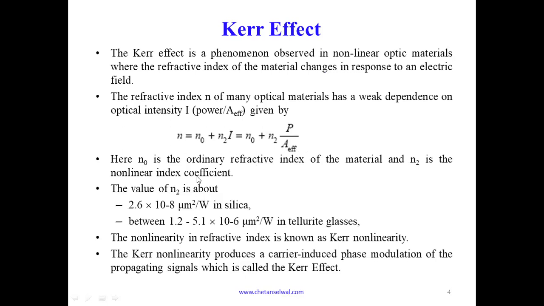So this non-linearity comes from the term n2. The value of n2 is about 2.6 times 10 raised to the power minus 8 micrometer square per watt for silica, and it is between 1.2 to 5.1 multiplied by 10 raised to the power minus 6 micrometer square per watt in telluride glasses.